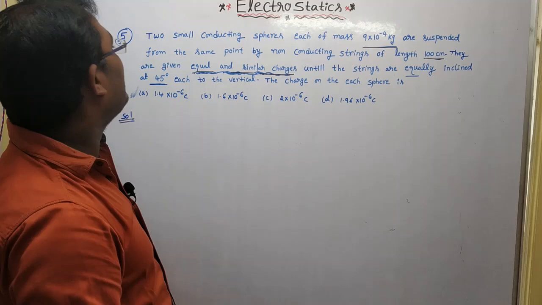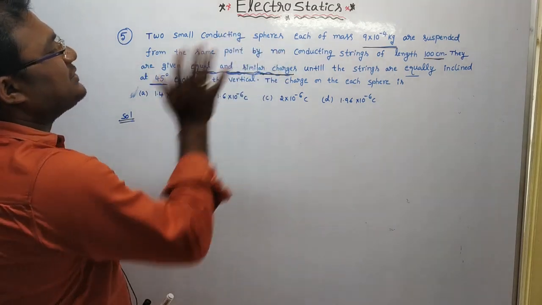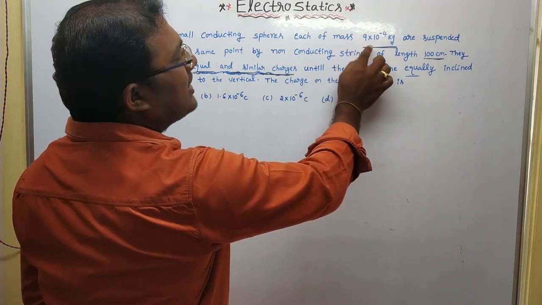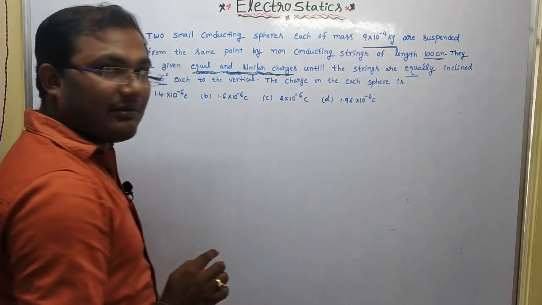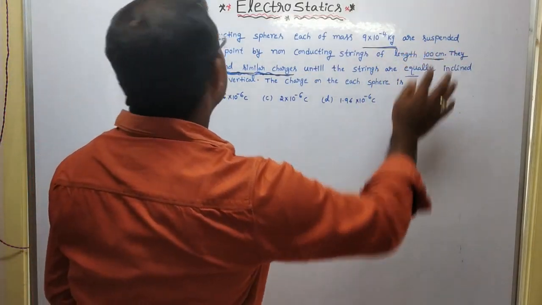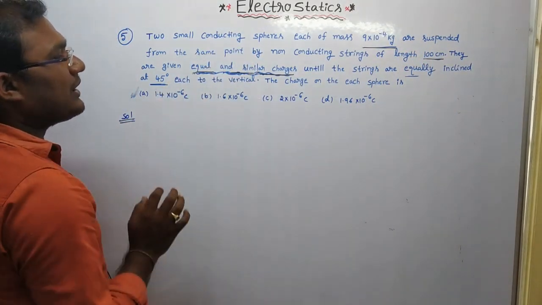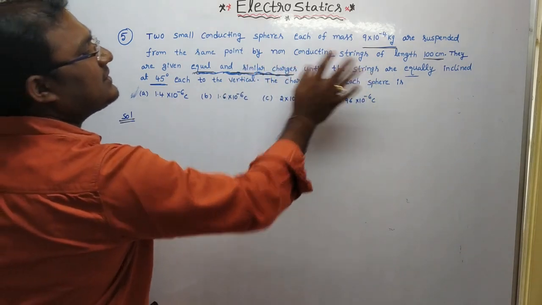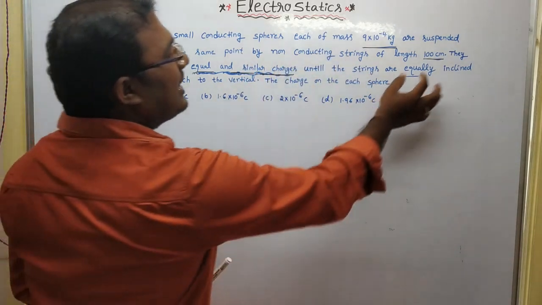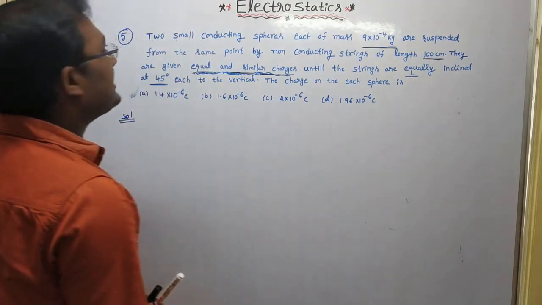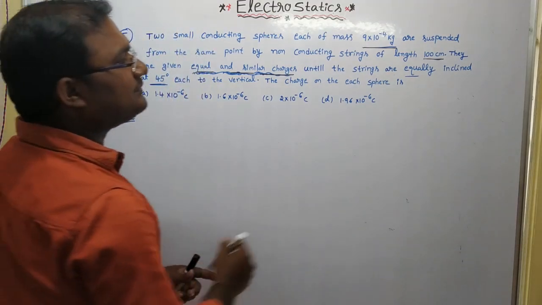Here the next problem is: two small conducting spheres, each of mass 9 into 10 to the power of minus 4 kg, are suspended from the same point by non-conducting strings of length 100 centimeters. That means the strings have the same length.